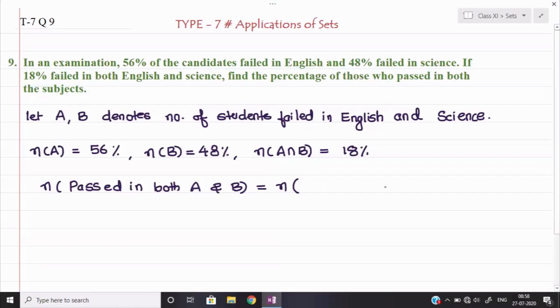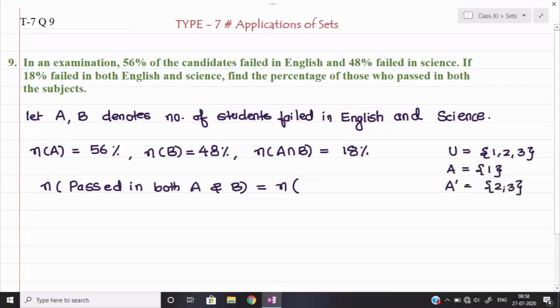For example, suppose U, the universal set, is 1, 2, 3, and A is 1. So if I ask you what is the value of A dash, you will say 2, 3.